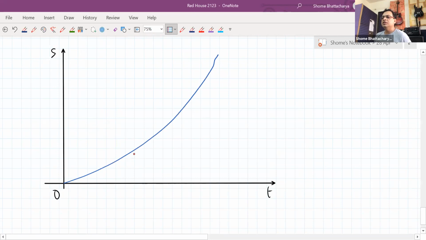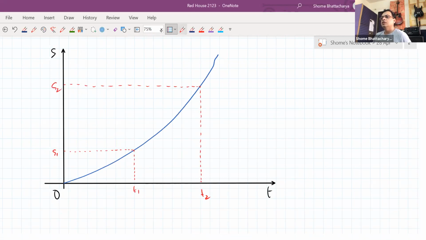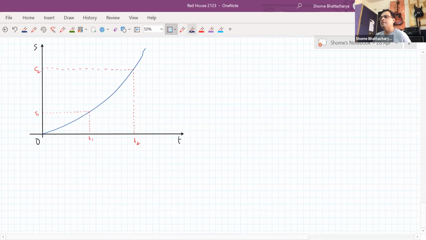Now, if I have some instant of time t1 over here, and some instant of time t2 over here, the corresponding value of s is s1 over here, and the corresponding value of s at t2 is s2. Now let's come to the definition of average speed.